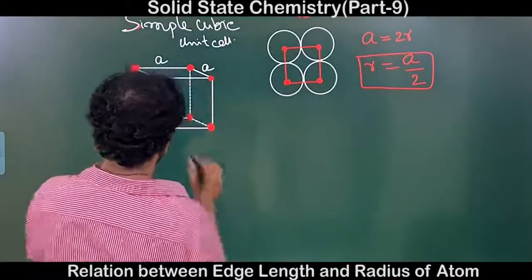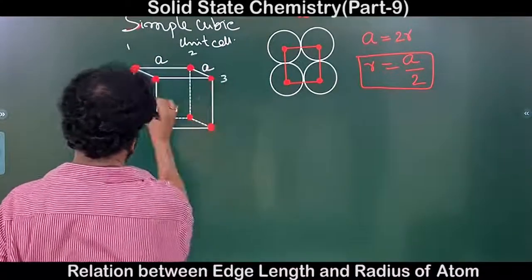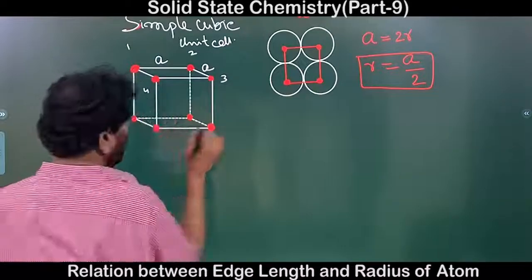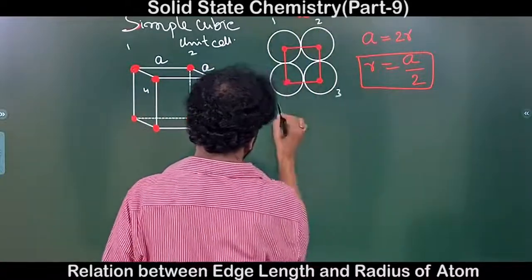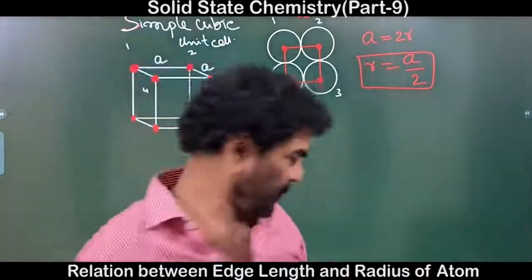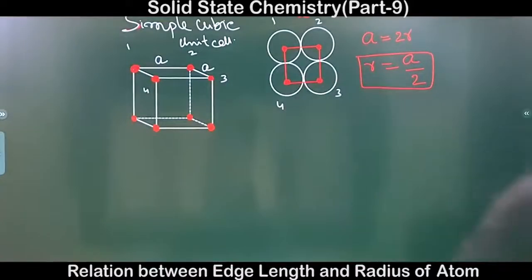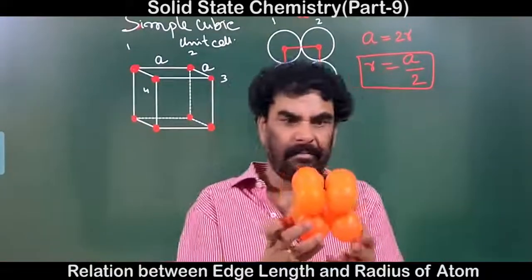If I label these as 1, 2, 3, 4, the atoms are physically touching each other. You see, this is a simple cubic system.